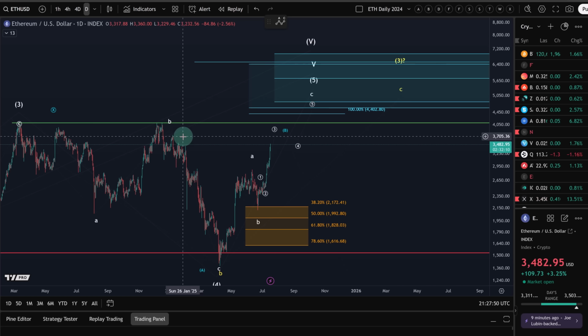But also, there's probably quite a bit of resistance in this area here around 4,000 to 4,100. It starts basically at 4,000 with these swing highs here in May 2024. And then obviously we couldn't really get above 4,100, not in December 24 and not in March 24. And my thesis is we're getting to that area.